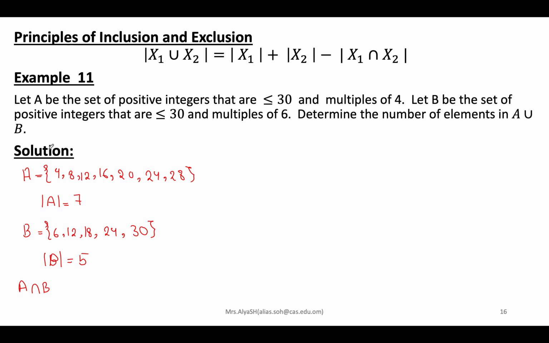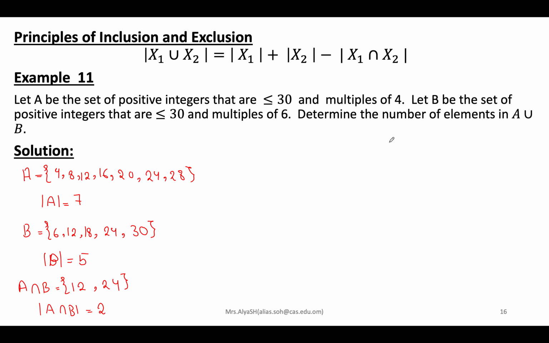Now we need to find the intersection between A and B. What are the elements that are in A and also in B, considered as multiples of 4 and multiples of 6? Here we got that they are 12 and 24. So the number of elements in A intersect B is 2.